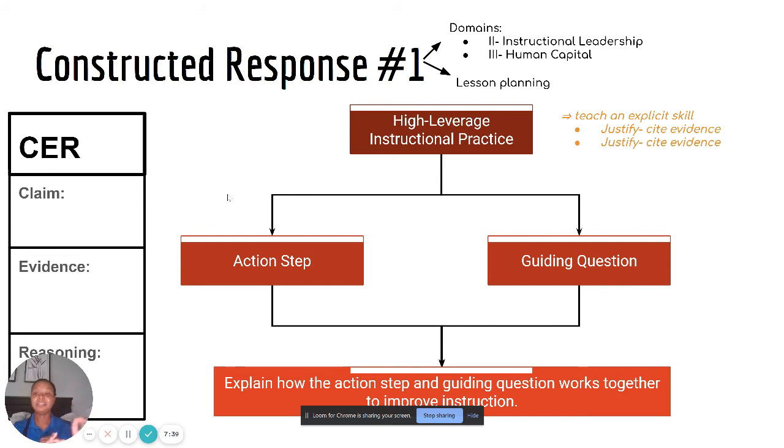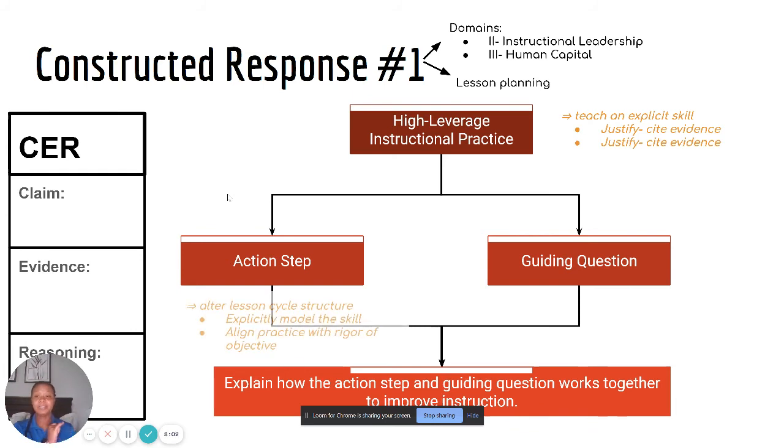And then you need to have at least about 2 examples, cite evidence either from the actual lesson video that you watch, or from the lesson plan. Most likely it's going to be from the video. I will do both: something I saw from the video, and something I saw in the lesson plan itself. And those would be my evidences.